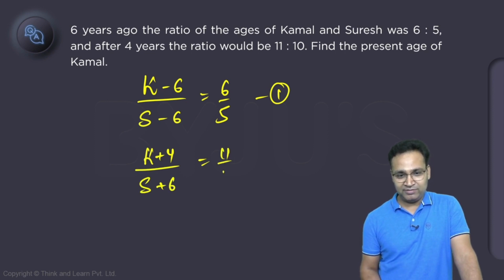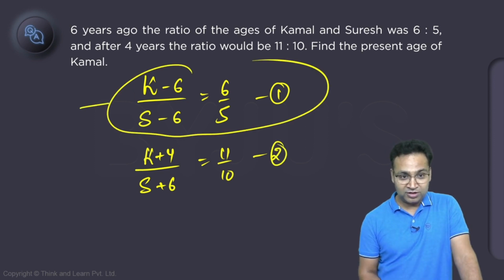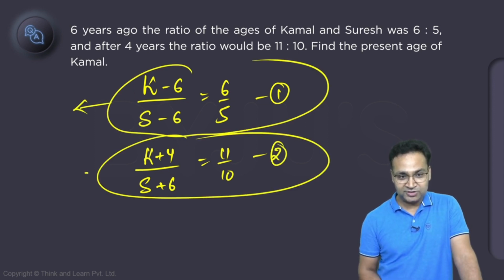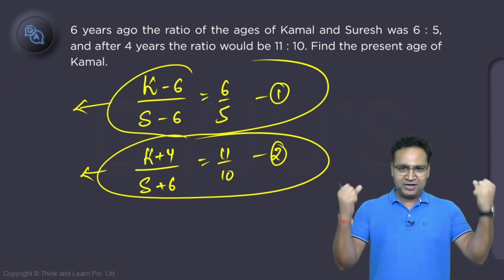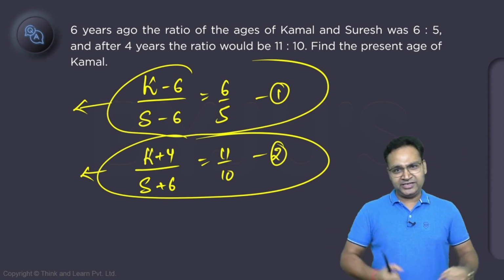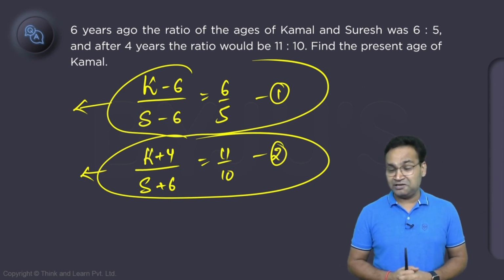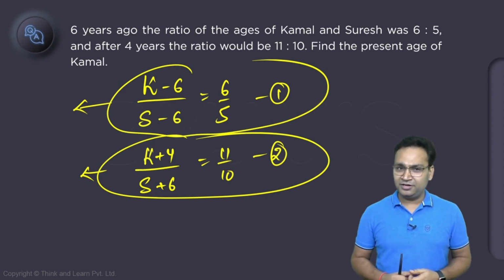This is 11 by 10. Now converting this into a two variable equation, and solving those two variable equations, I proudly tell my answer is 18 years for Kamal. Amazing. This is what I am telling is a dirty method.